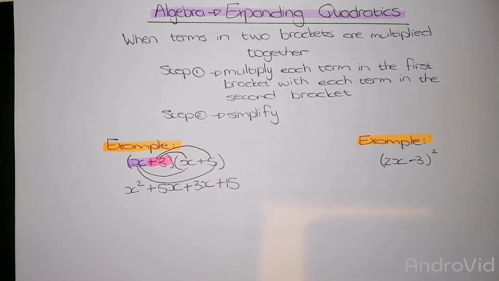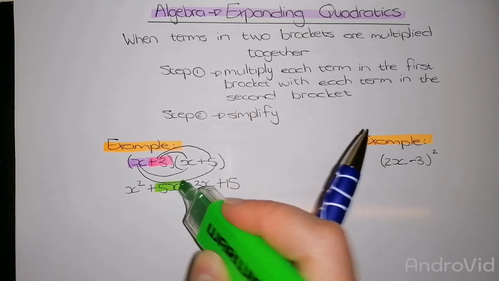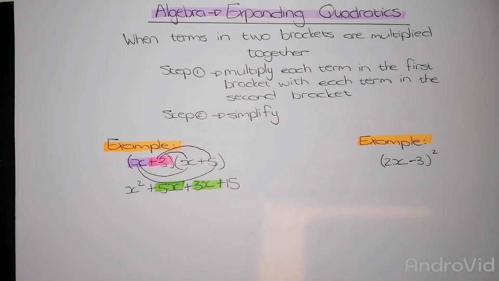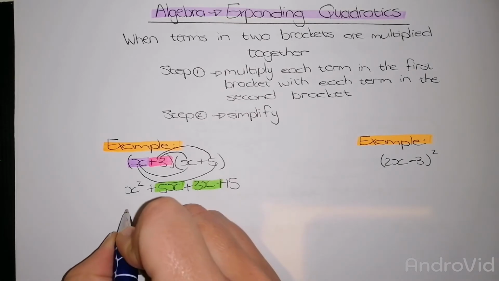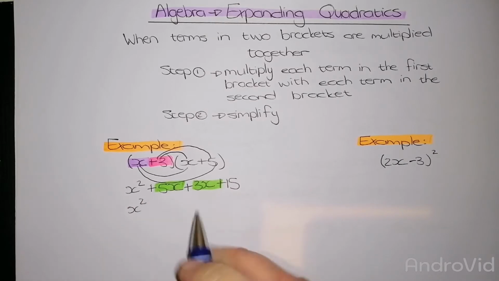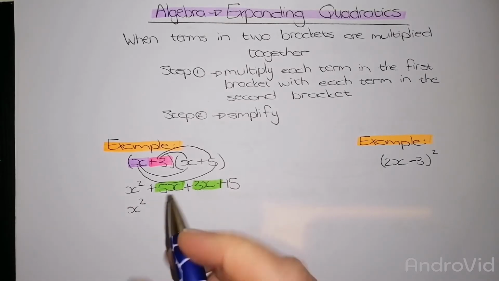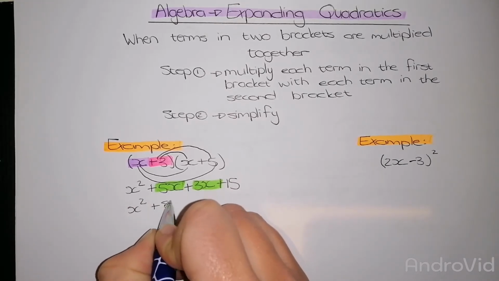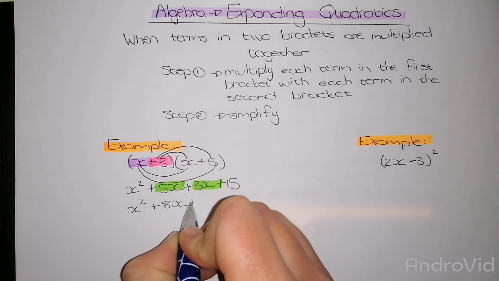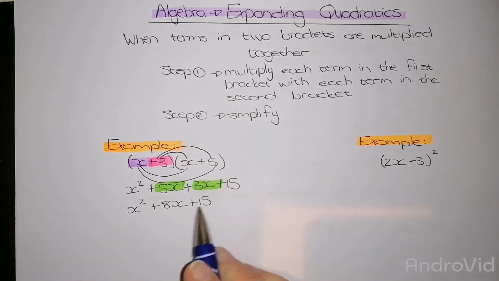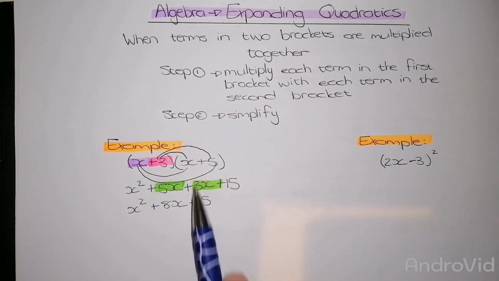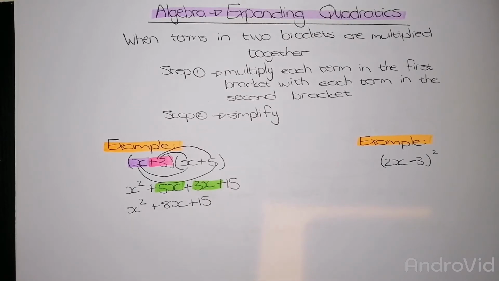Find like terms and add them together. When we look at that equation, the only two like terms we have is the 5x and the 3x. Now we're going to rewrite that. So I will have x squared, 5x plus 3x will give me plus 8x plus 15. And now I've expanded these brackets into a quadratic equation.